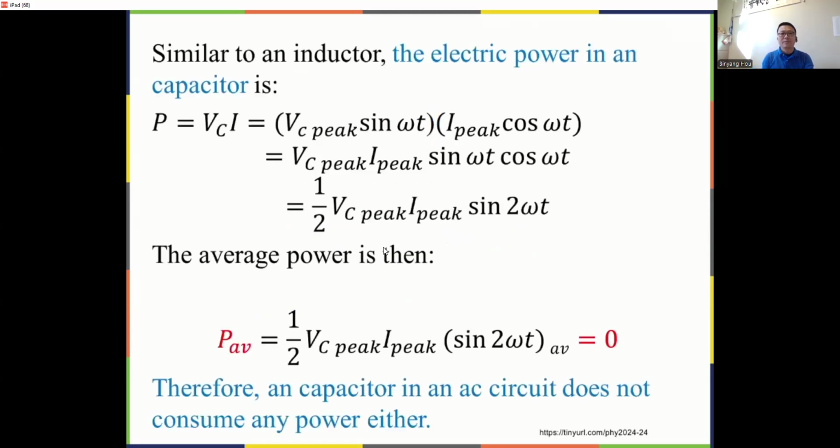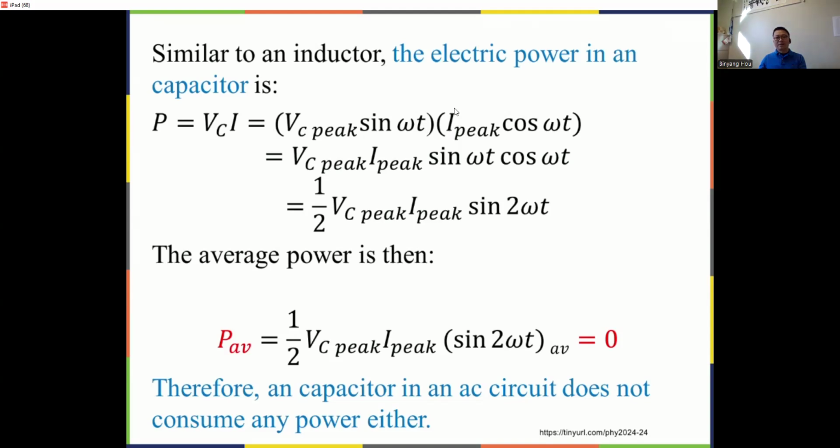Now if we look at the power consumed by the capacitor this time, we can start with power equal to V times I, but this is on the capacitor, so V_C times I. V is V peak times sine omega t. I is I peak times cosine omega t.